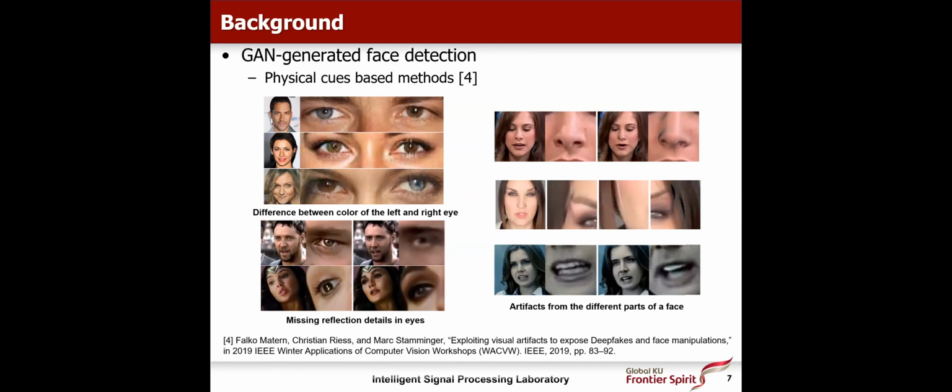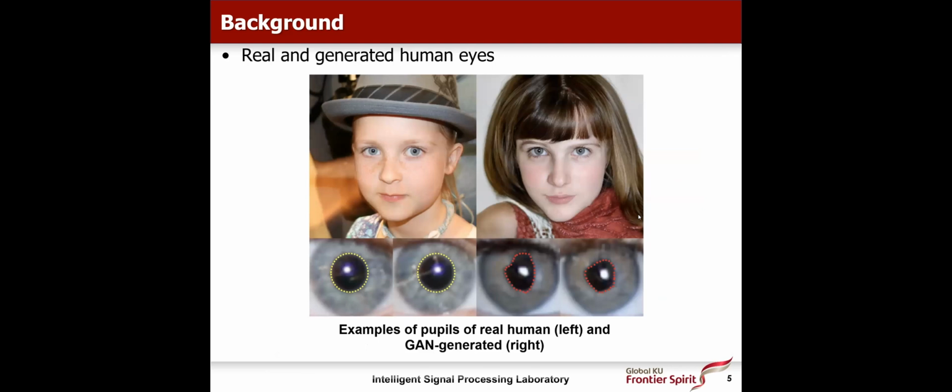In this paper, the authors only focus on the pupil because I think the authors reckon that the pupil represents the robustness of this kind of fake GAN-generated face detection using the irregular shape of the pupil. It is more stable.